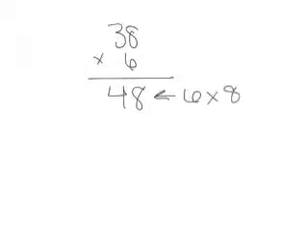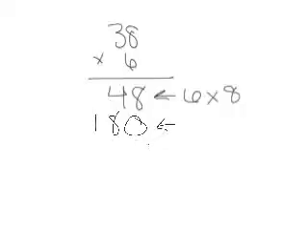We're going to move to the 6 times 3. And so 6 times 3 is 18, but it's going to be changed to 180 because we are no longer in the ones place. We moved to the tens place. And so to fill the void of the ones place, we added a 0.